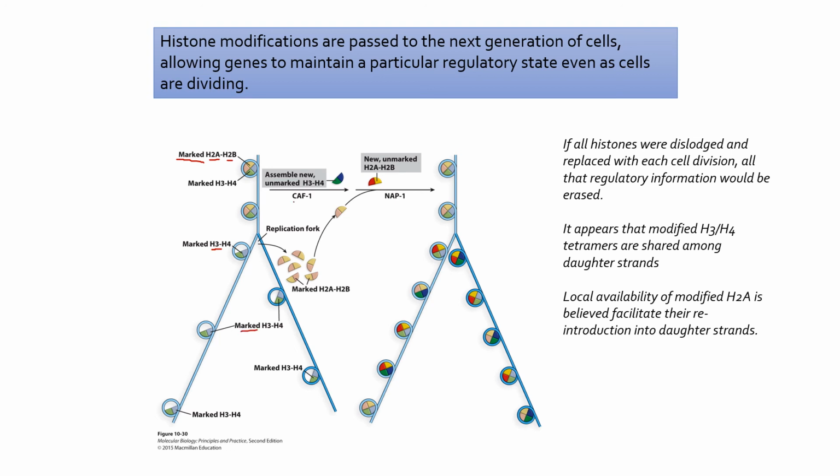And so we saw that the chaperone protein CAF1 helps histone H3 and H4 assemble, and then the chaperone protein NAP1 follows up with H2A and H2B. And H4 may only transiently dissociate from the strand. H2A and H2B are thought to be hanging out in fairly high local concentration. So all those factors contribute to maintaining the mark of the epigenetically marked chromatin as replication passes through.